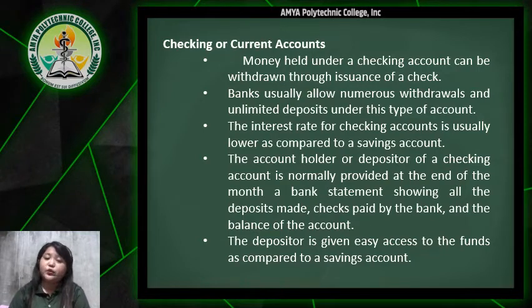The account holder or depositor of a checking account is normally provided at the end of the month a bank statement showing all the deposits made, checks paid by the bank, and the balance of the account. The depositor is given easier access to the funds as compared to a savings account.